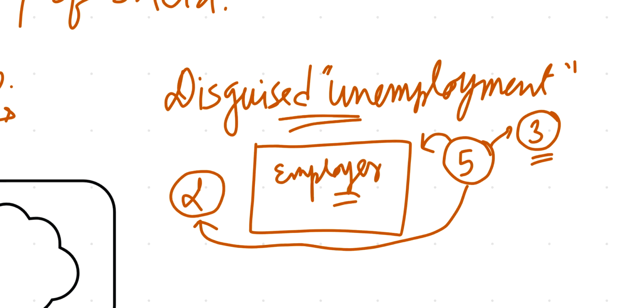If the employer takes away the job of these three people, it does not matter to his business, and he would not face any loss. So these three people were in disguised unemployment. It seemed that they were employed, but in actual sense they were not employed at all.